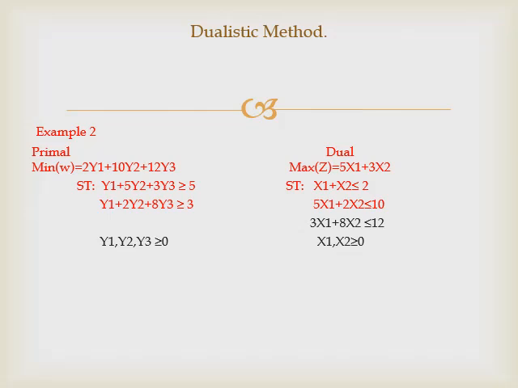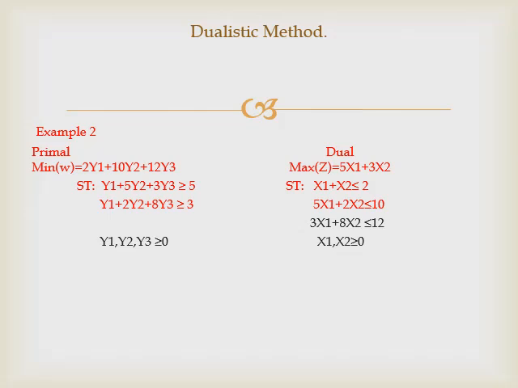Now, as we mentioned, the constraints of maximization all the time are less or equal. Constraint number 1, x1 plus x2 less or equal what? Equal the coefficient of y1, which is 2.